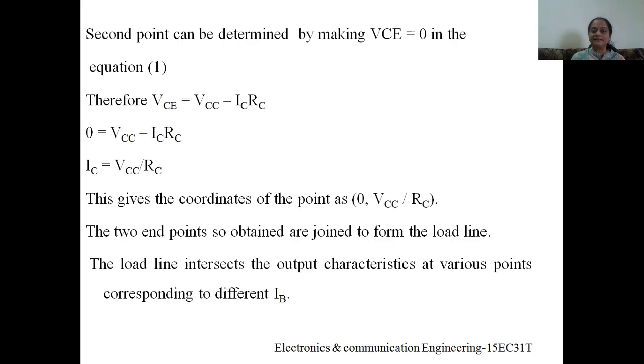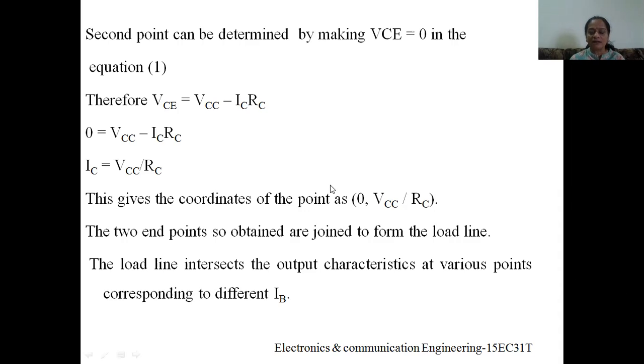To draw the DC load line, you have to join the cutoff point and saturation point in the output characteristics of a CE amplifier transistor. To get that, we considered the output circuit, and the equation was VCE equal to VCC minus ICRC.